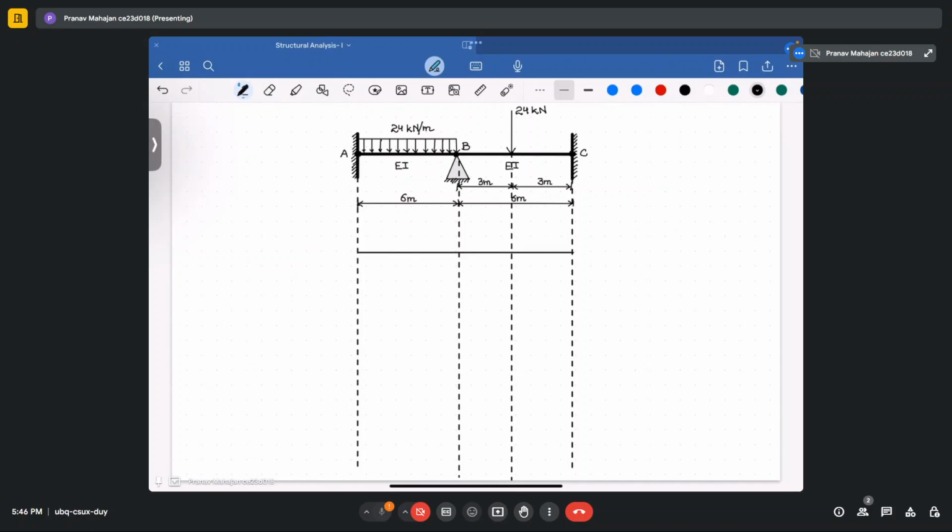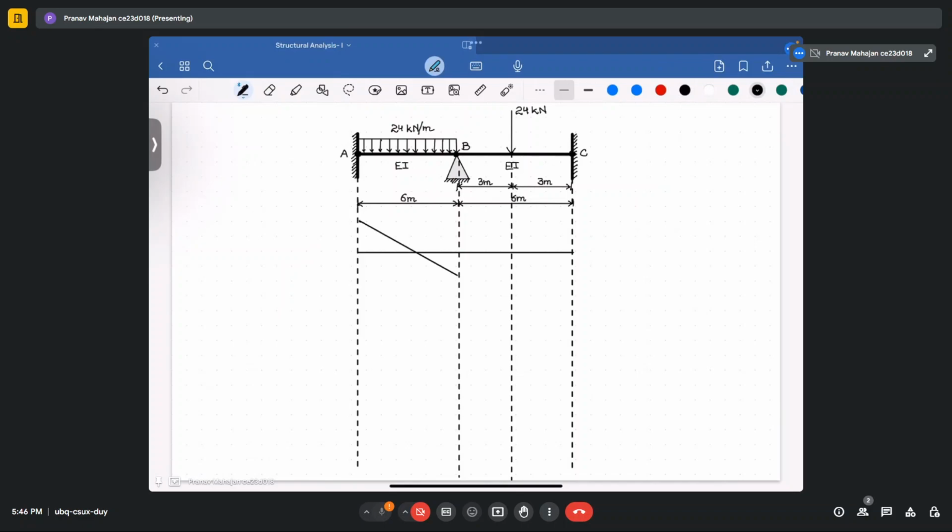So for this, we have got the values as 78.85 kilonewton, and the other value we will get as 65.15, and total is 84 kilonewton. Okay, so for the UDL, the shape of the shear force diagram is linear, so it would be like this.